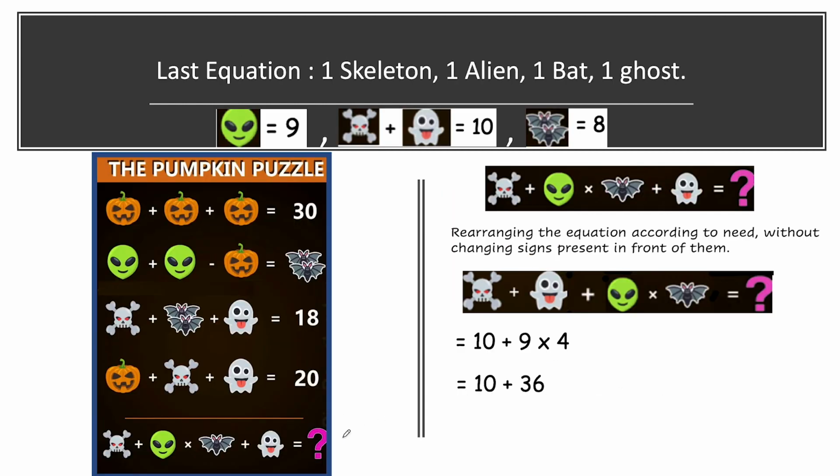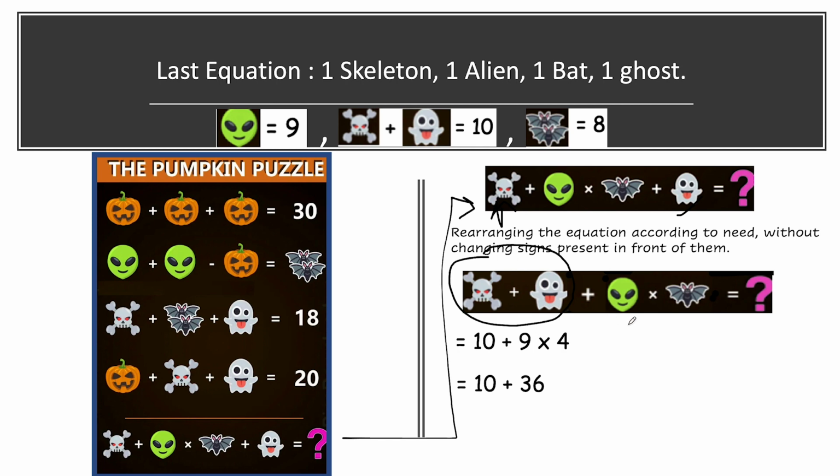Now we have our final equation with us. If you rearrange this equation for skeleton plus ghost, because we know the value of skeleton plus ghost, we'll put it together like this, since both have positive signs.